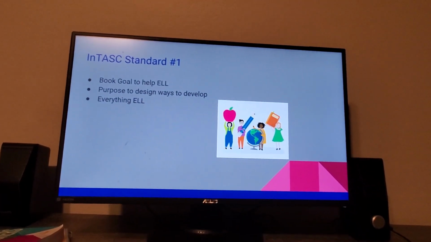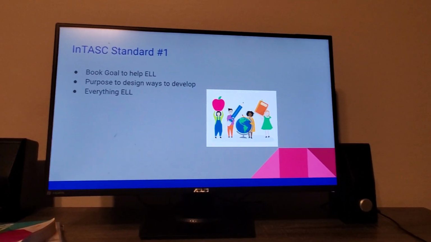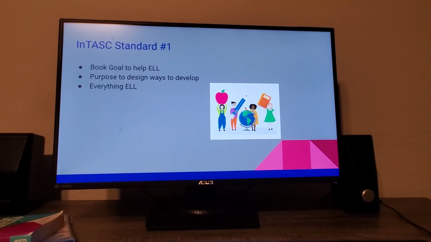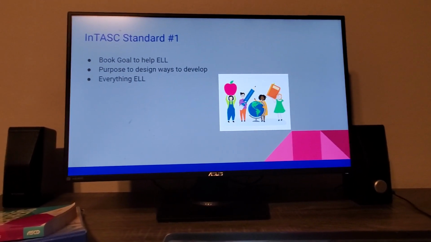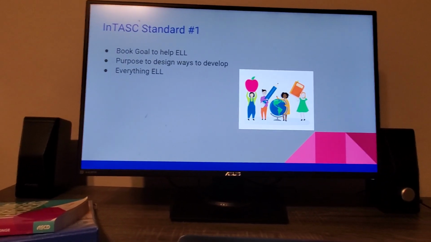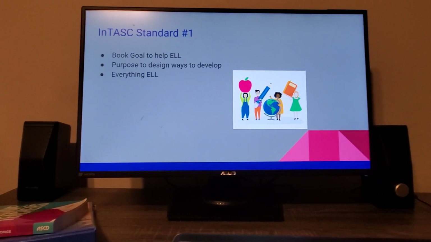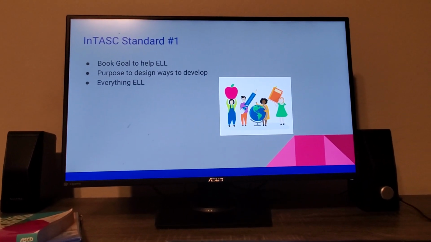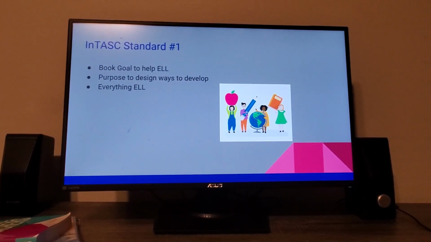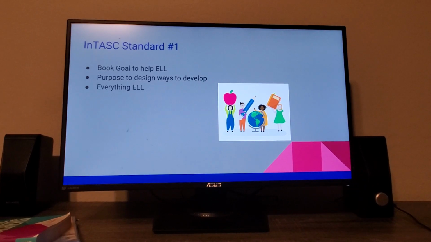This book also talks a lot about the first standard, because it's all about designing ways to help ELL students, and it goes over everything about ELL students, their background, their culture, and how we need to be conscious about that when we're teaching them.